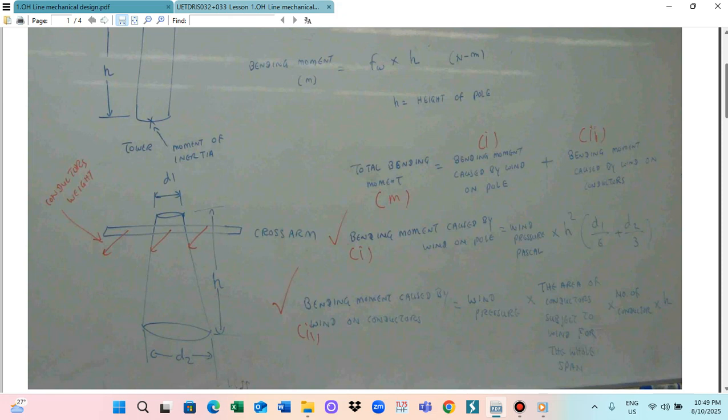And also the bending moment caused by wind force on the conductor, we can also calculate. Bending moment caused by wind on conductor.